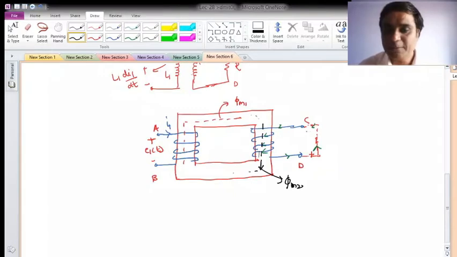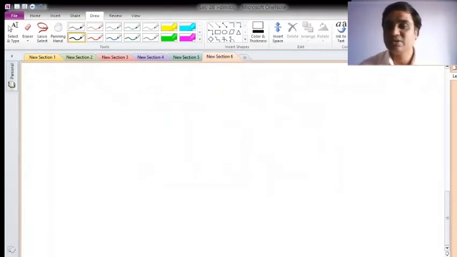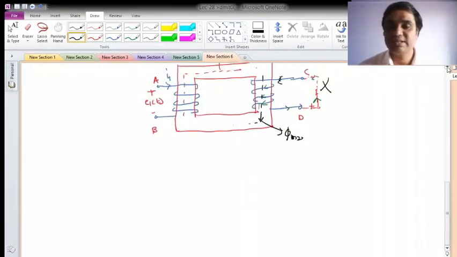So if I keep the direction like this, with C negative and D positive, it is strengthening the cause, it is not opposing the cause. So Lenz's law will not be satisfied, because it is not opposing the cause by which the current is due.